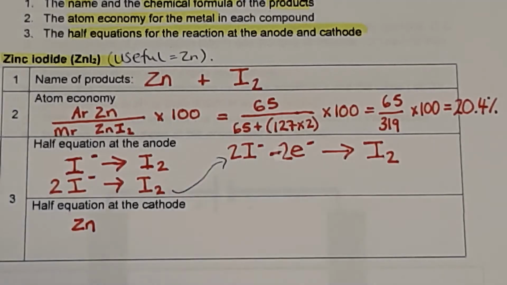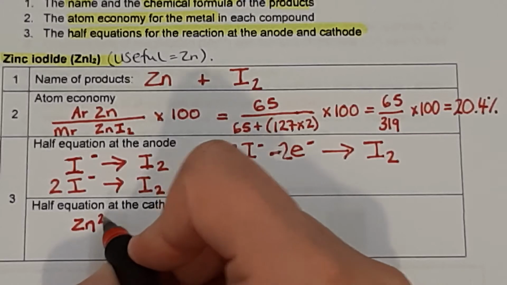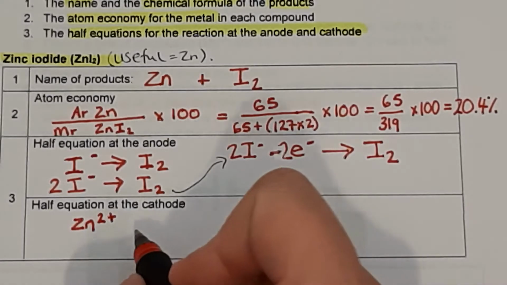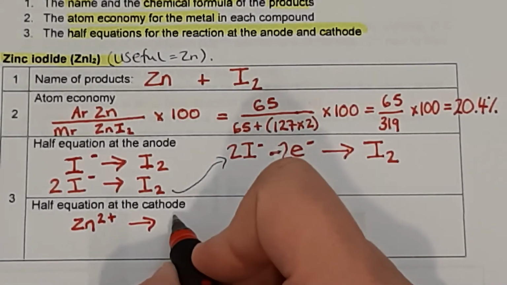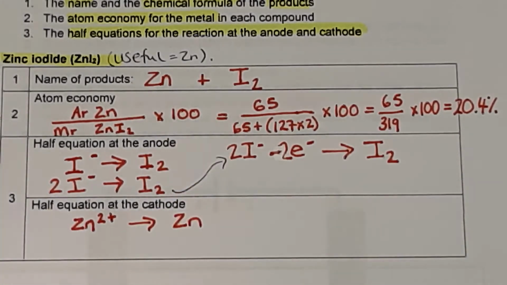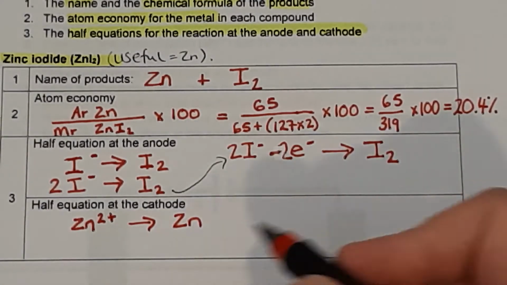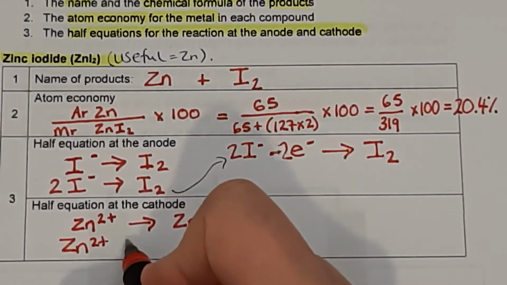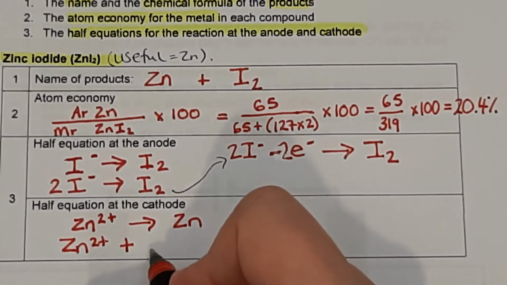And zinc is a transition metal and is technically part of group 2 for us, so it's going to be a 2 plus ion, remembering that metal ions always become positively charged, and that is going to turn into just simply Zn. Now, one atom becomes one atom, so it doesn't need balancing, and then that will turn into Zn2+, and then we need to add electrons this time.